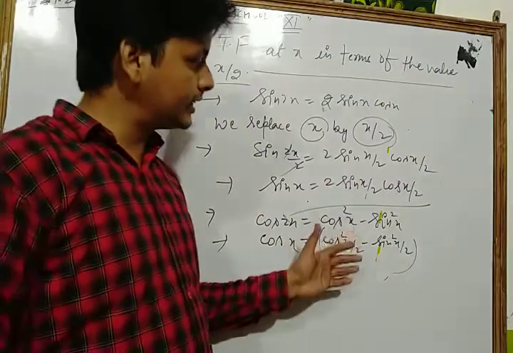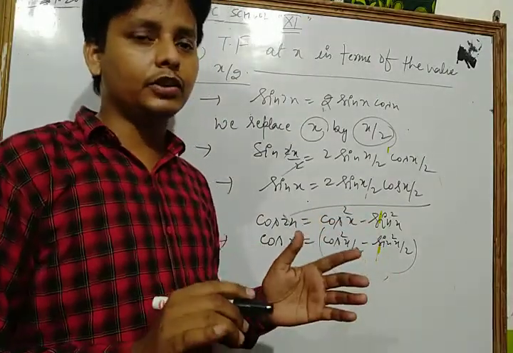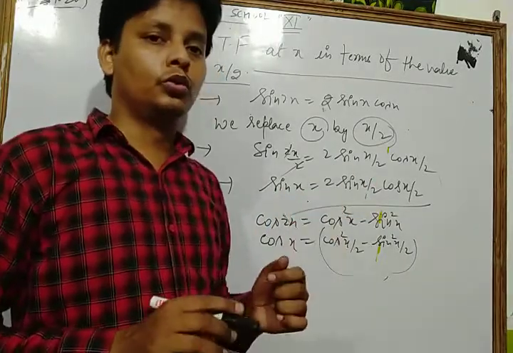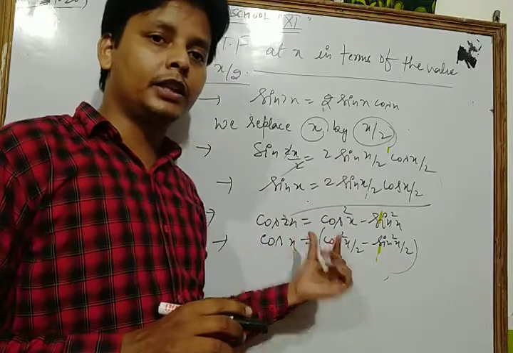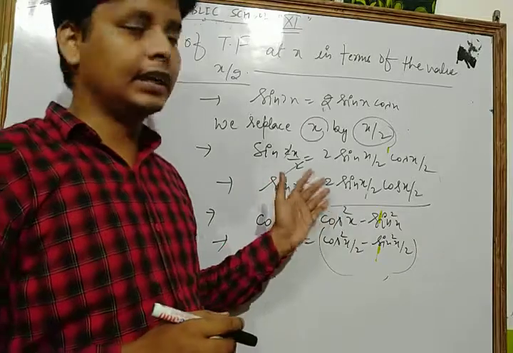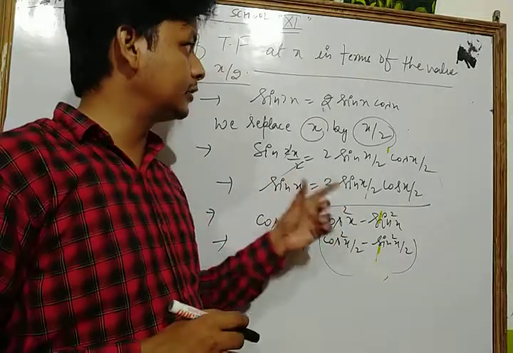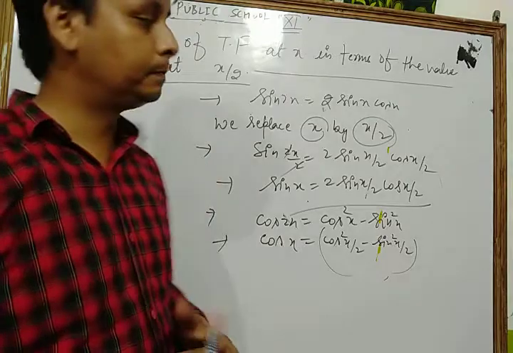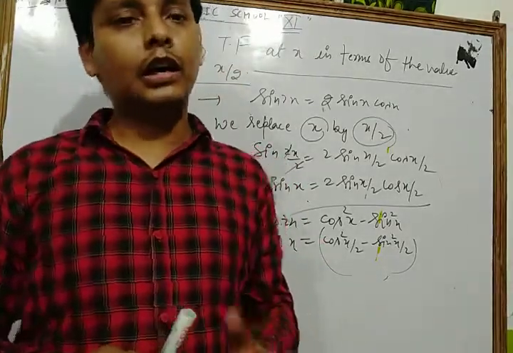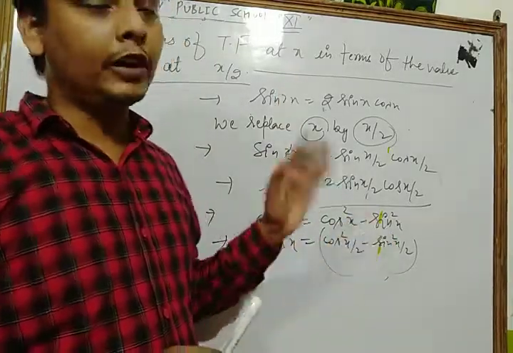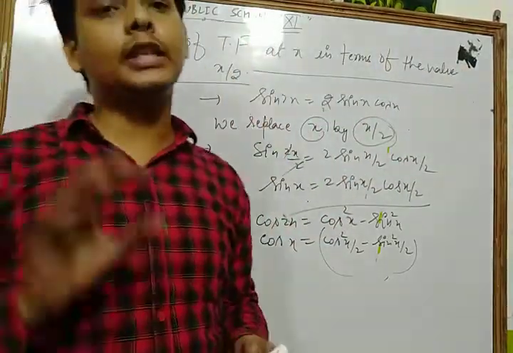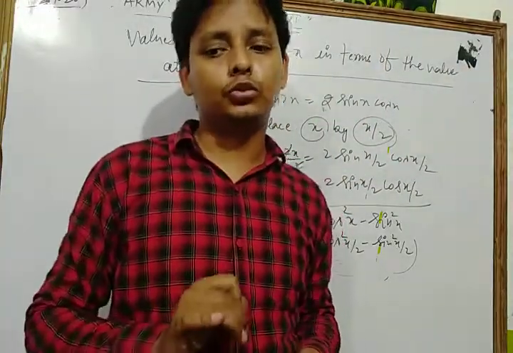Okay, so this is some different formula of trigonometric functions at x in terms of the values at x by 2. We find that type of formula just by replacing x by x by 2. We find all the formulas at x in terms of the values at x by 2. Okay, so dear students, you can learn all the trigonometric functions at x in terms of the values at x by 2, just by replacing x by x by 2.